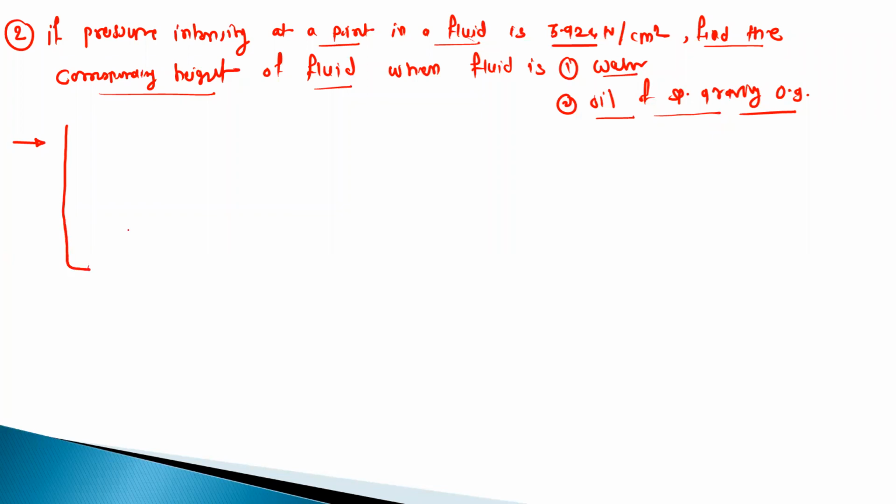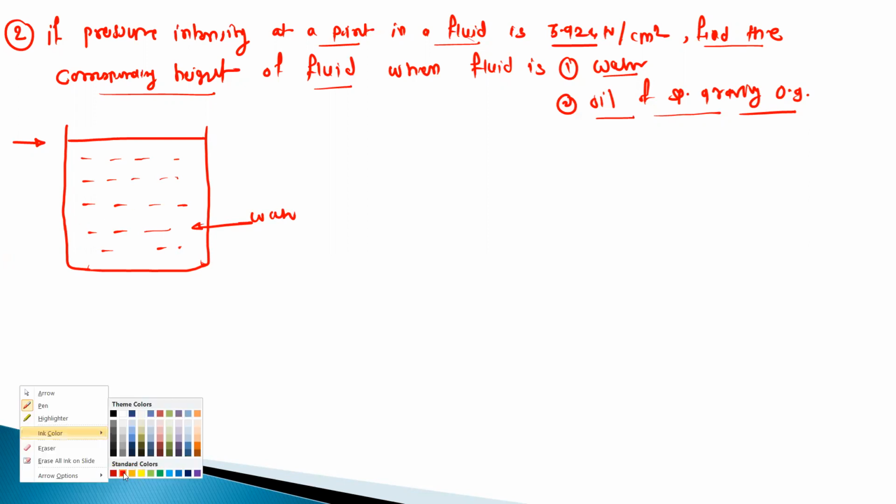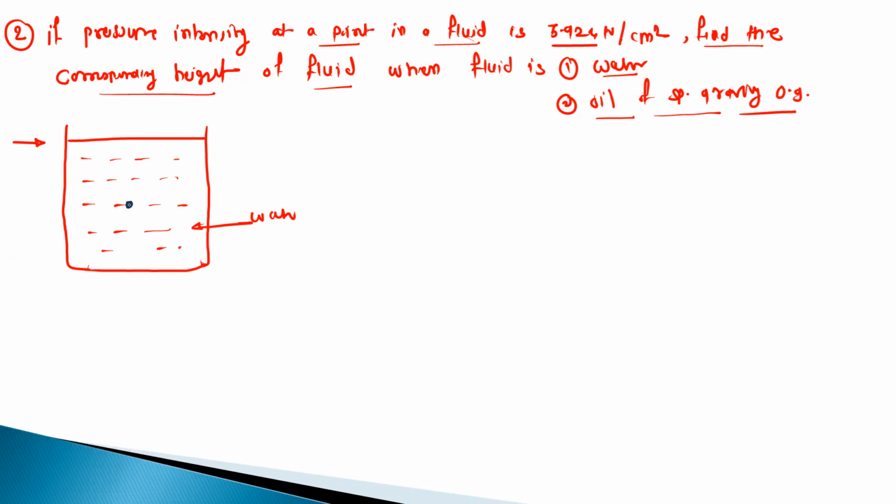So suppose we have one static fluid in a container. Initially it is filled with the water. So this is the water. At a particular point, just select a point in that fluid. Suppose at this point we are measuring the pressure.